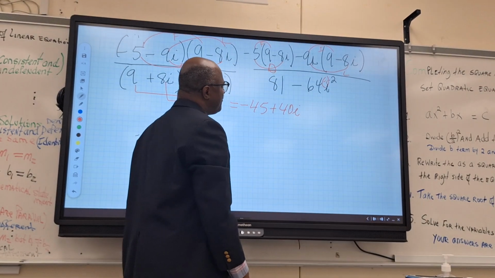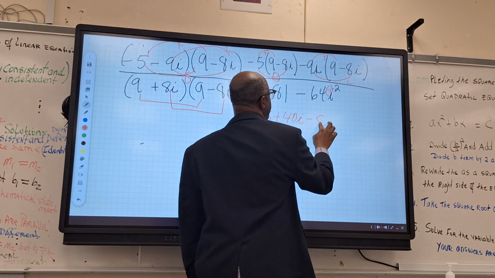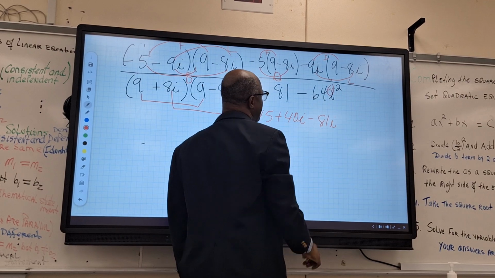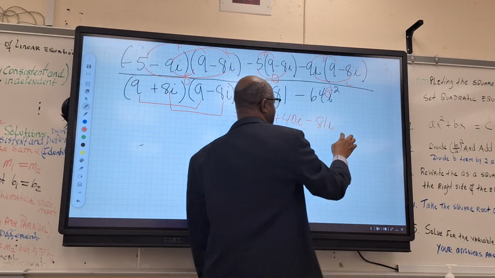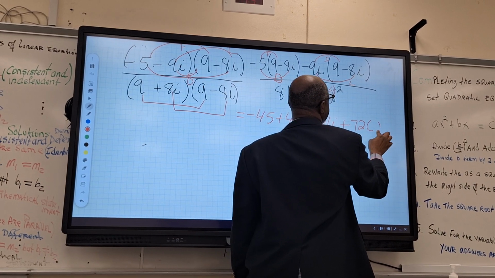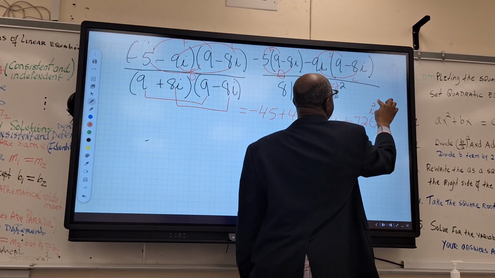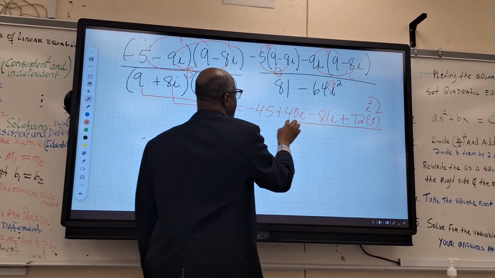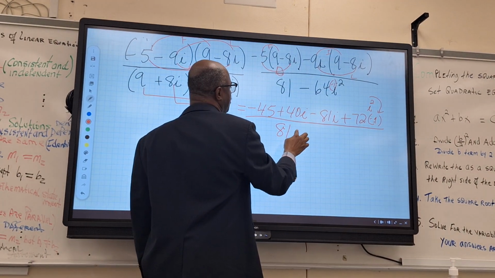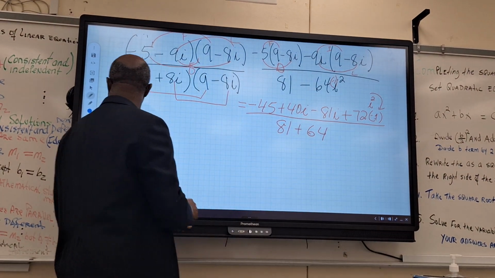You will have negative 9i times 9. That will give you negative 81 what? i. And for your last, you multiply 2 negatives, that will become positive 72i squared. As you know, i squared is equal to negative 1. So we just replace i squared by negative 1. And this will be over 81 plus 64.